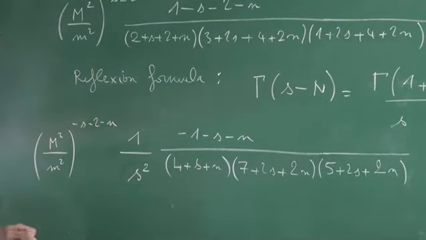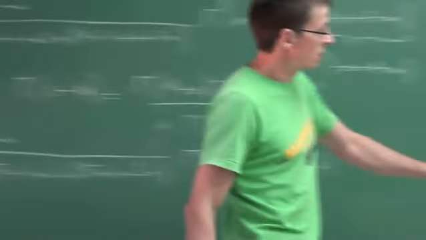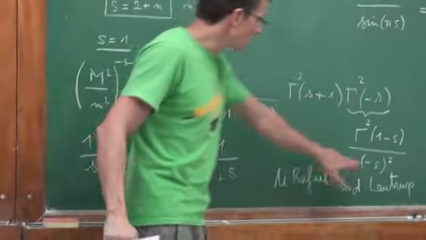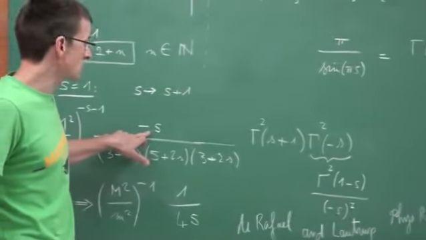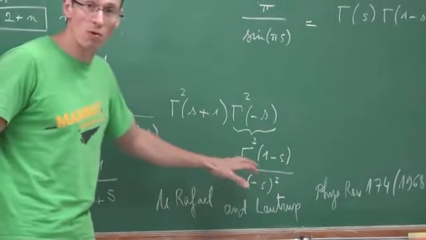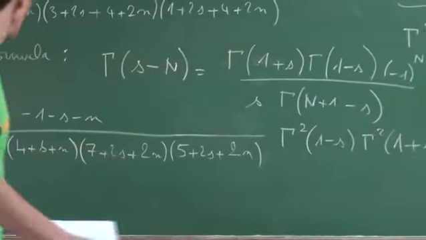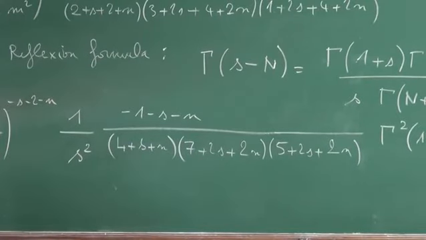And now it's not anymore a simple pole. Here we have minus s squared times minus s, well, 1 over minus s squared times minus s, which gave me a simple pole. Now here we don't have this cancellation. We have a double singularity.